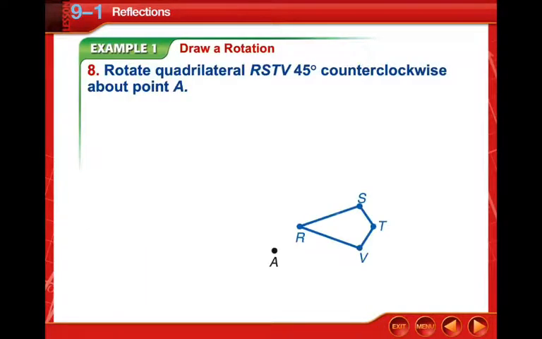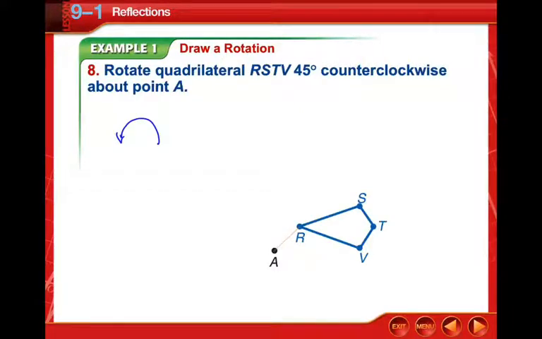So this one here wants us to draw it 45 degrees counterclockwise, which would mean that we're going this direction. Really you would want to use a protractor for this.